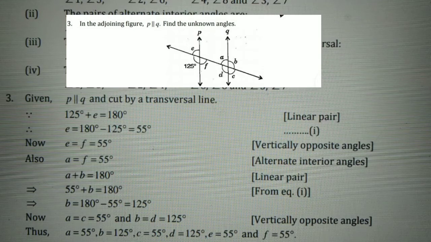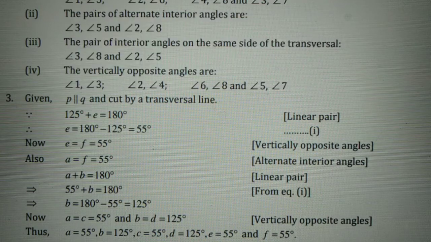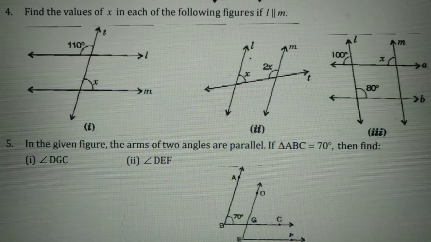Alright, so angle A is equal to 55, B is equal to 125, C is equal to 55, D is equal to 125, E is equal to 55, and F is equal to 55 degrees. So in this way, when we observe all the angles and use the properties, we can find out the angles.